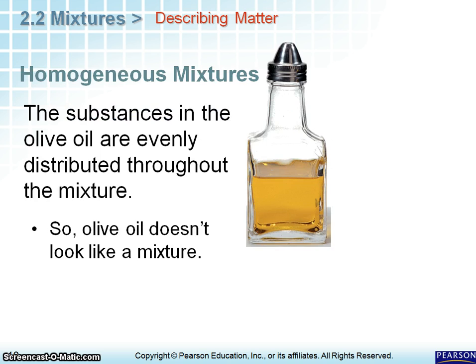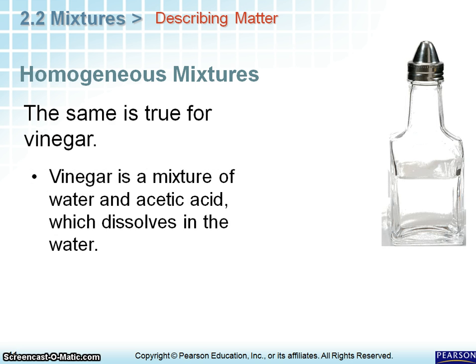When we look at a homogeneous mixture, such as olive oil, that substance has several components, but it's distributed throughout it evenly. So olive oil doesn't look like a mixture, in which case we actually call that a solution. The same is true with vinegar.